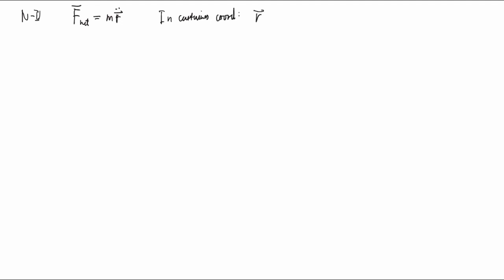Because in Cartesian coordinates we have that r dot is of course equal to d dt of x hat plus y hat plus z hat, and that's equal to x dot x hat plus y dot y hat plus z dot z hat, and similarly then of course for the acceleration.